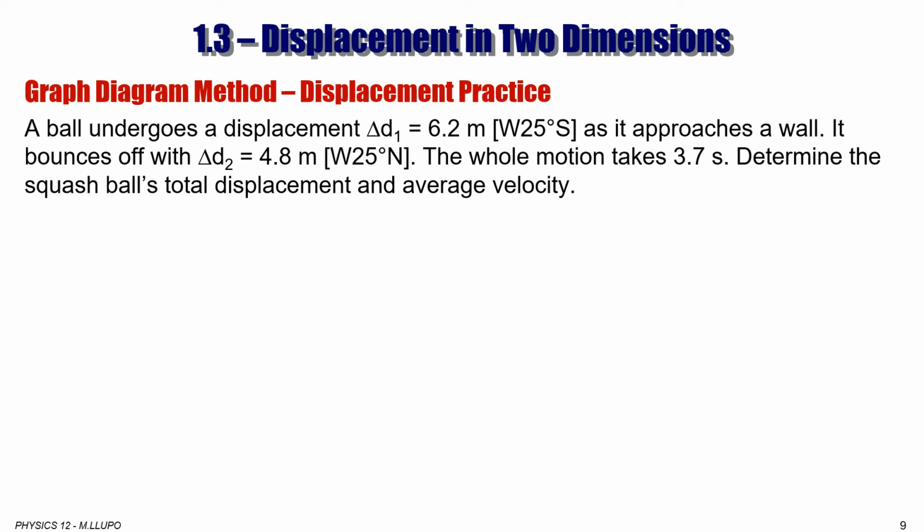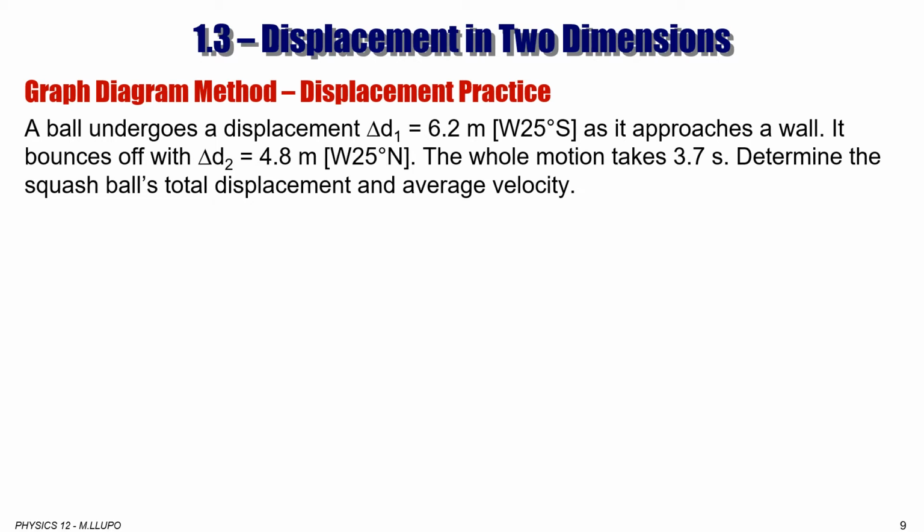Determine the squash ball's total displacement and average velocity. So you don't need to calculate displacement using any algebraic math method. You have to draw it. Then when you determine displacement, average velocity is easy. You can just divide it by time and you get the average velocity.